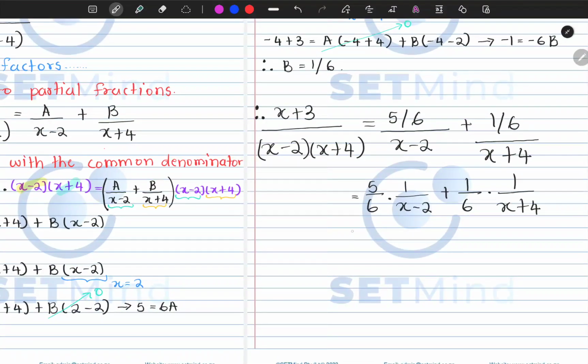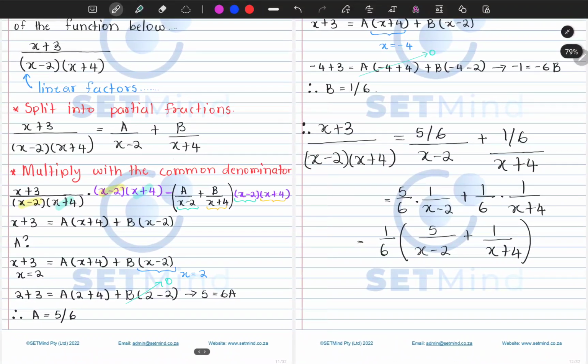Someone else would just pull out the 1 over 6 because there's a common factor of 1 over 6, and you'd be left with 5 divided by x minus 2 plus 1 divided by x plus 4. So there are many ways you can write your final answer, but either way, as long as it is the same answer, you should get it correct.